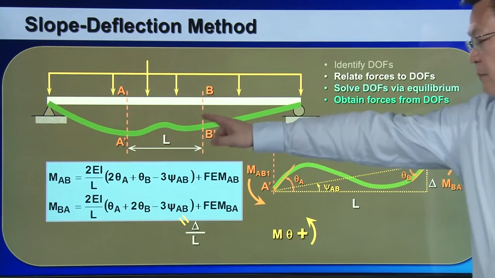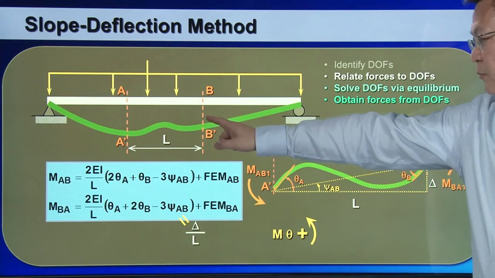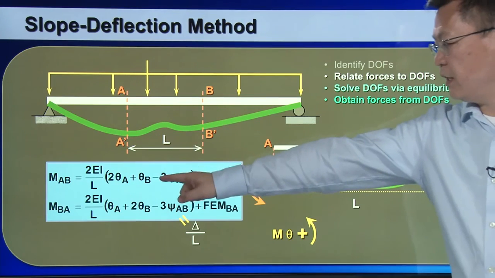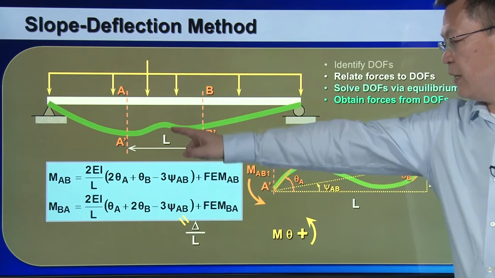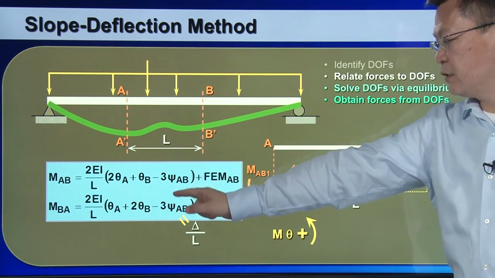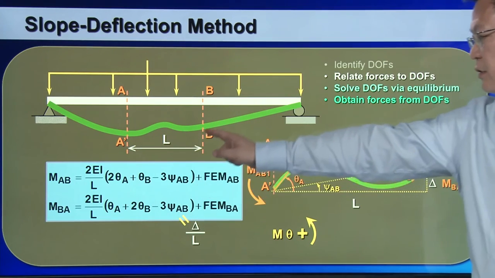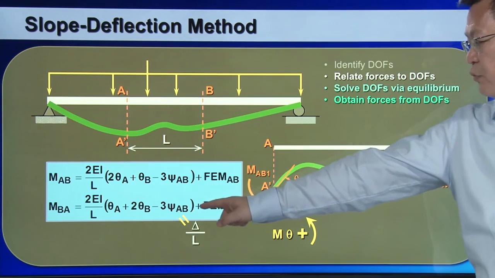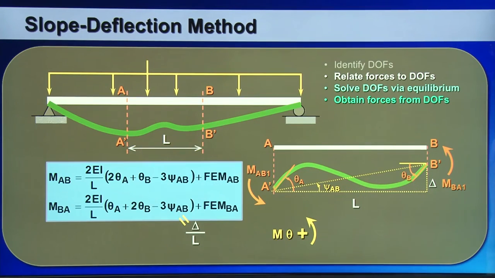MBA, which is the bending moment at the right-hand side of your segment, is equal to 2EI over L times 1 times rotation angle at A plus 2 times theta B, which is rotation angle at B, minus 3 times the rigid body rotation angle.